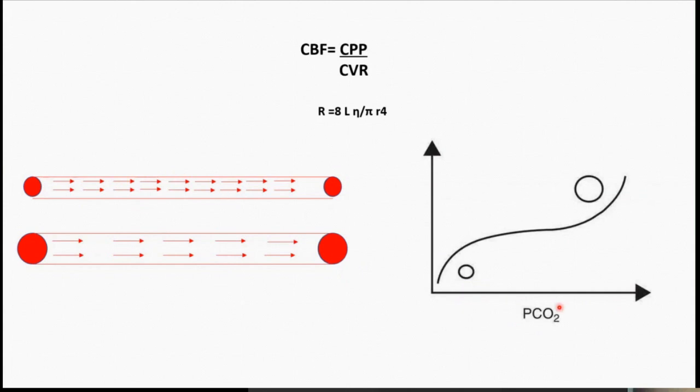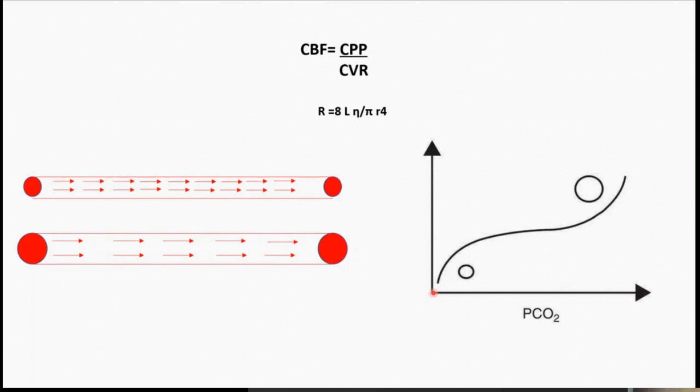There are other factors like nitric oxide and oxygen, but mainly PCO2. The partial pressure of CO2 is not directly the cause, so it is not the CO2 itself that dilates the blood vessel. And there are lots of theories. The most acceptable one is that the PCO2 will increase the acidosis around the blood vessel, and this will cause the vessels to dilate. And it is a very potent vessel dilator.